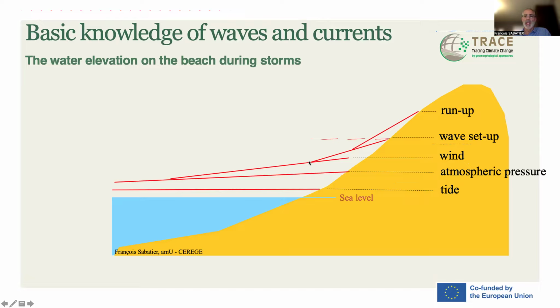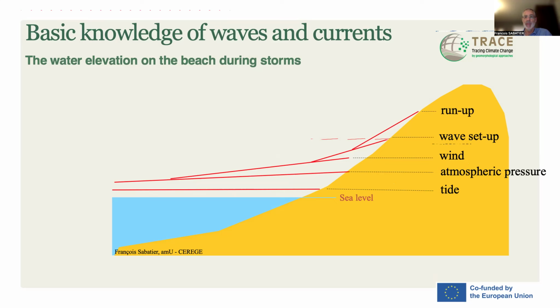When the waves are breaking, water piles up on the shore through a process called setup. Because of the breaking, there is a little elevation at the shore. Not so little, because the wave setup in Mediterranean storm condition can exceed half a meter.